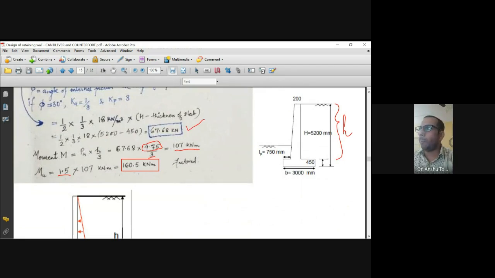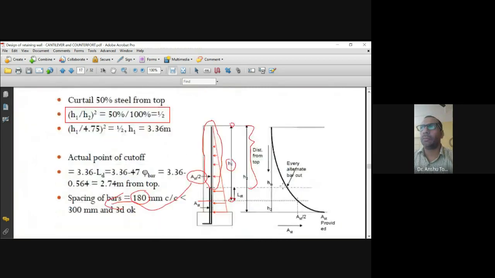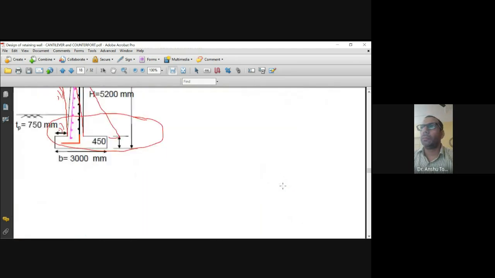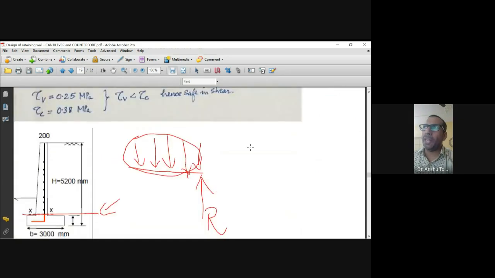Same, the horizontal pressure will be acting. The reaction will come in the direction opposite to the load acting from the top. This load is coming as pH like this, and in the opposite direction the reaction will act, which will be shearing action for this structural element.